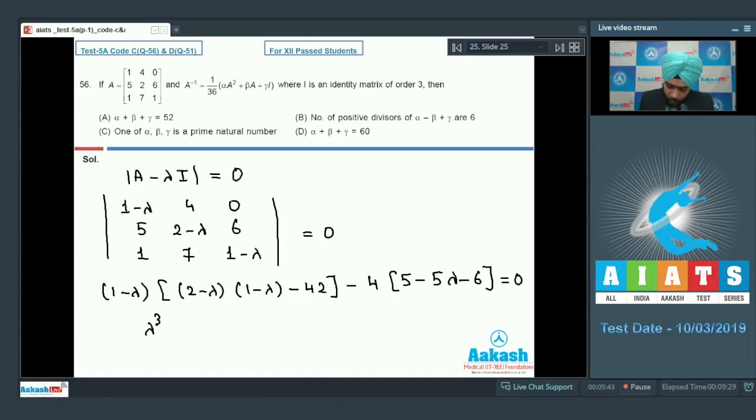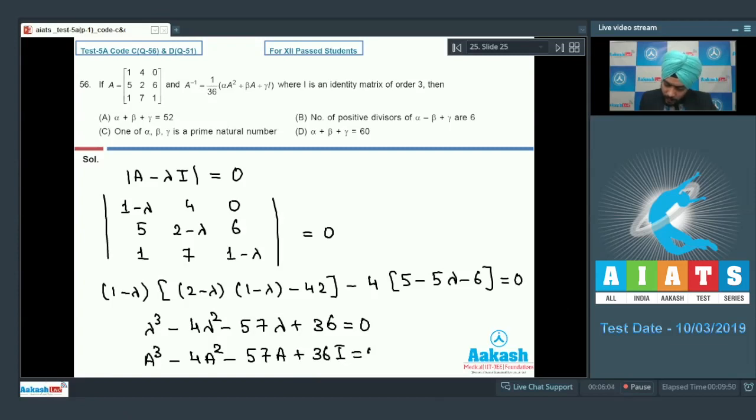This will give you lambda cube minus 4 lambda square minus 57 lambda plus 36 equals 0, which means A cube minus 4A square minus 57A plus 36I is equal to 0. So from here we can have A inverse as 1 upon 36 into minus A square plus 4A plus 57I.